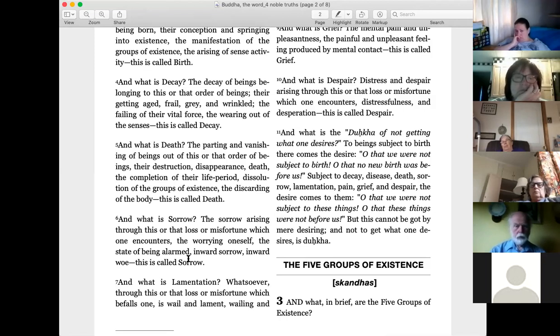Some people have other things more than others, but all of that is the process of decay, or what we call aging. And that's considered dukkha. And I'm sure some of you, I know some are younger than others, but we can all relate to the difficulties that come when we begin to experience our own aging.